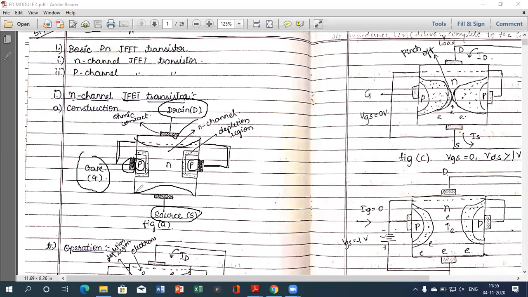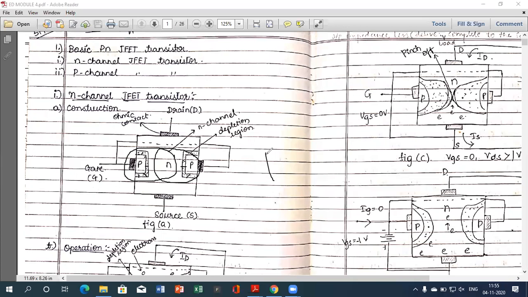So this is the construction part, where it has two PN junctions. This is one PN junction and this is another PN junction. And this is the depletion layer which is formed between the P-type and N-type material, which occurs in a normal diode.